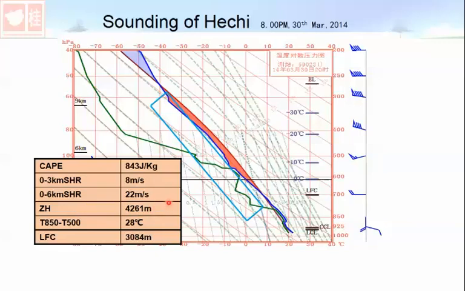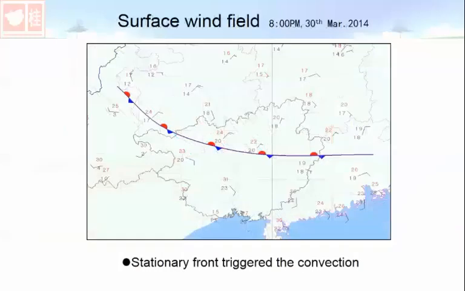The temperature difference between 815 millibar and 500 millibar reaches 28 degrees, which provides good thermal instability conditions for the occurrence of convection.